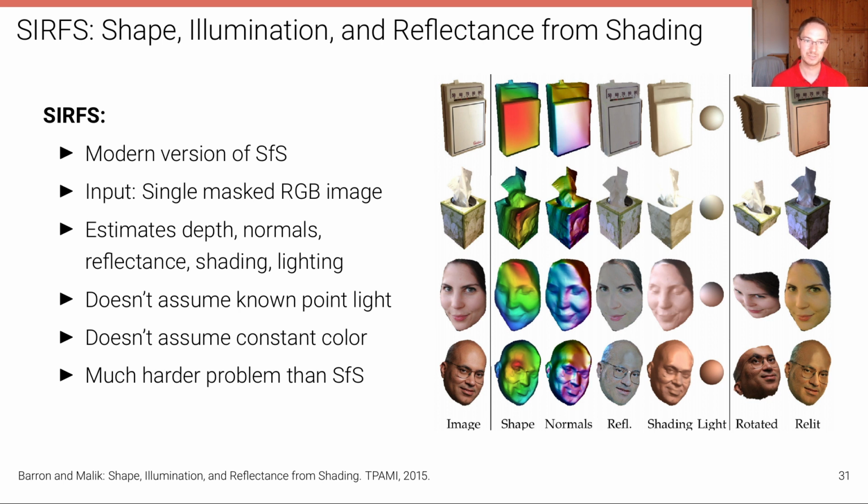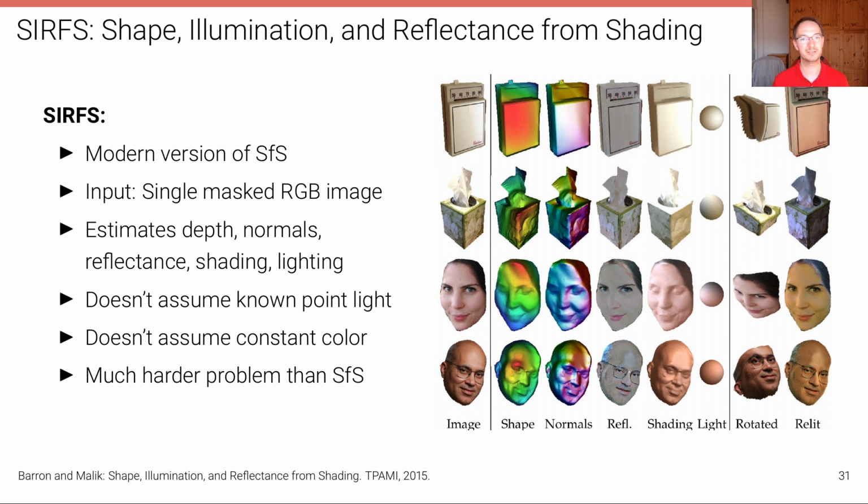So for example, in SIRFS, shape, illumination, and reflectance from shading, which is work from Barron and Malik from 2015, the input was assumed to be also a single masked RGB image, as in the case of shape-from-shading, but instead of just estimating the normals and assuming a known point light source and a constant albedo, what they do in this paper is they estimate the depth, the normals, the reflectance, the shading, and the lighting, trying to disentangle all of these components, which of course is a much harder problem compared to assuming a single known point light source, because now there's much more ambiguities to be resolved.